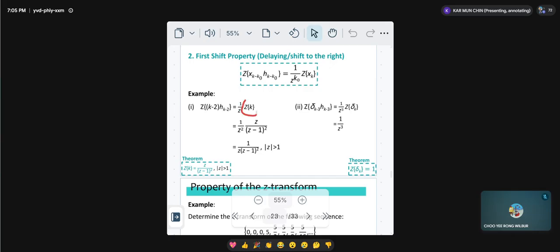When you resolve this term, you are remaining with the Z transform of k, because the 2 is already broken out. So 1 over z squared, then the Z transform of k, you get z over (z minus 1) squared. Then simplify it, and you get 1 over z multiplied by (z minus 1) squared.